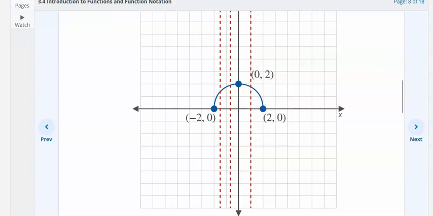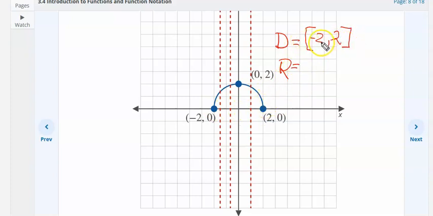And while we're here, let's practice domain and range. Now, we're going to say, what would the x values be? Think about it. Well, it would be a bracket starting at -2, comma, going to +2 with a bracket.